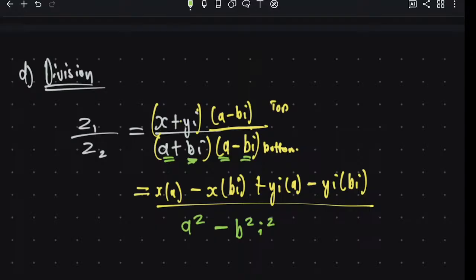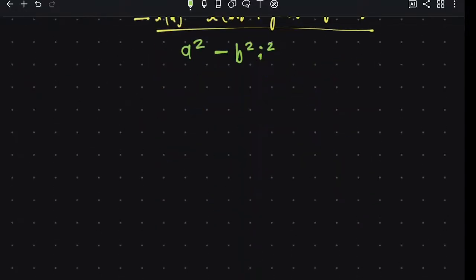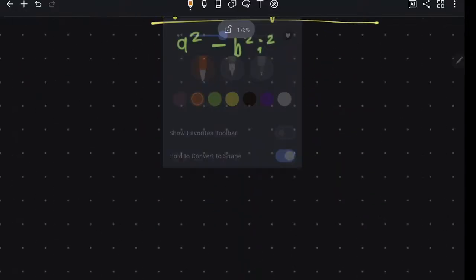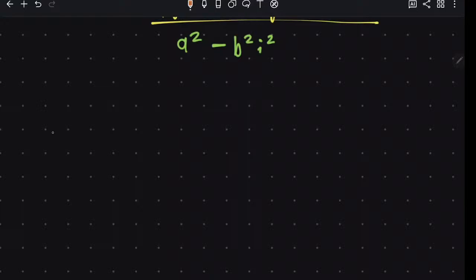Okay. Let's do it step by step. If I have 5 minus 3i, what is the conjugate? 5 plus 3i. Are we agreeing on this?